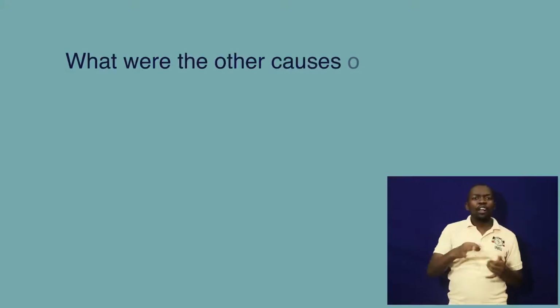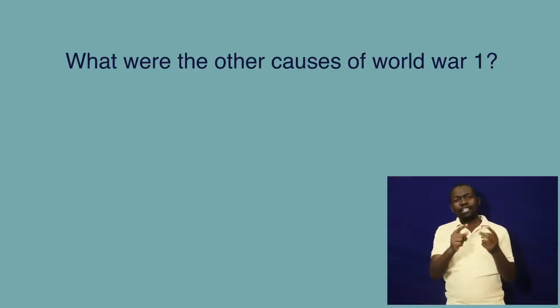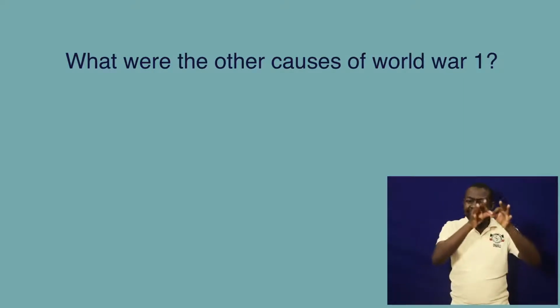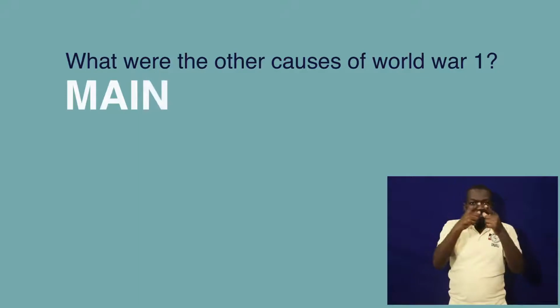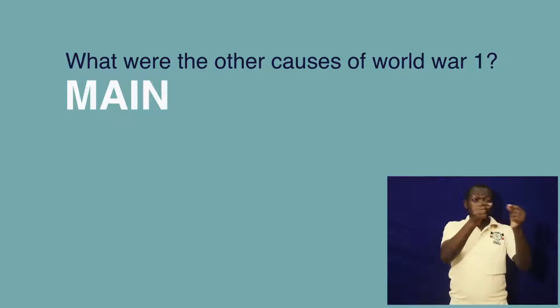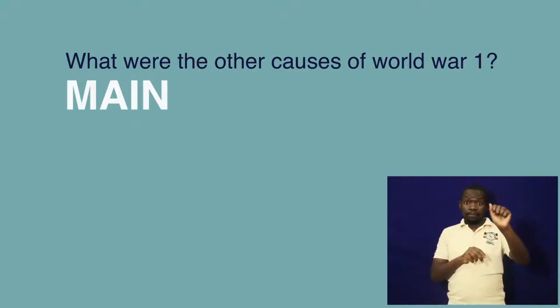Now, apart from this incident, the killing of Ferdinand and his wife, Sophie, what were the other causes of World War I? One way to remember the four main causes of World War I is to remember the word MAIN. It gives you the first letters of each of the major causes of the war.